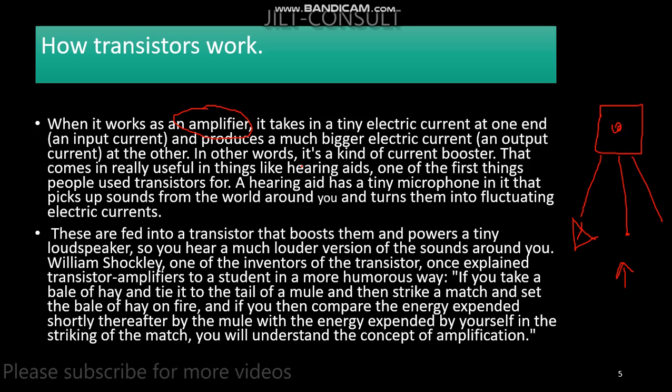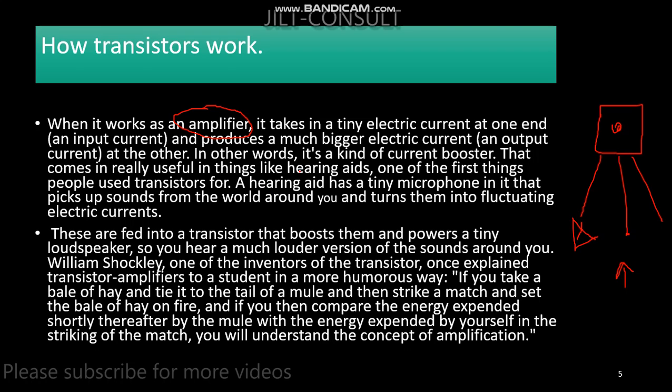Good. It's a kind of current booster that comes in really useful in things like hearing aids, one of the first things people used transistors for.